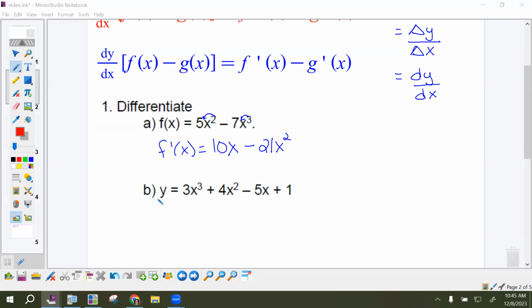And for B, the derivative, so dy dx, you could also say y prime, is 3 times 3, subtract 1 from the power, 4 times 2, and then this is linear, so the slope of 5x is 5.